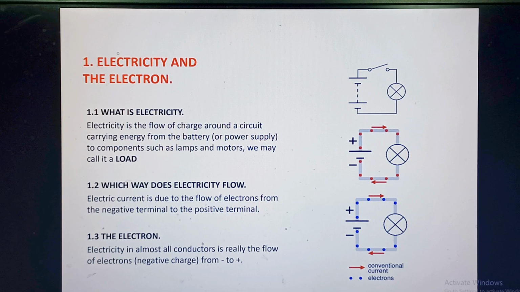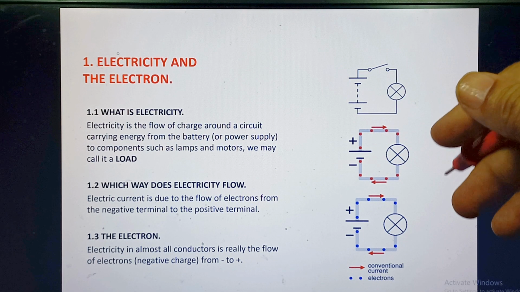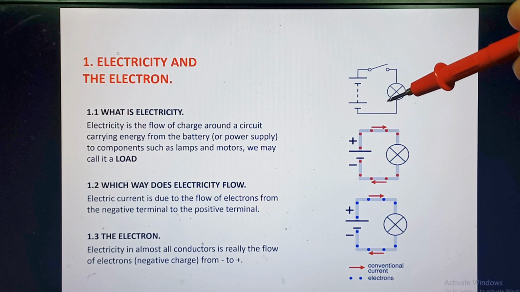This electric charge can be due to flow of positive charge or due to flow of negative charge. Due to flow of negative charge is also called due to flow of electrons. So we can say that the electric current is flowing through the circuit.